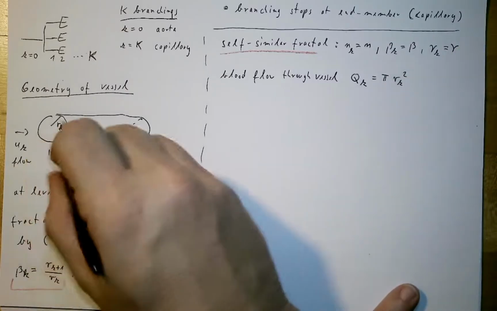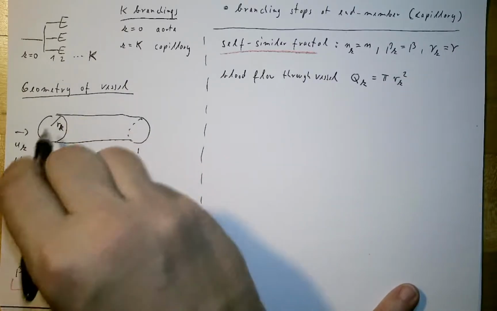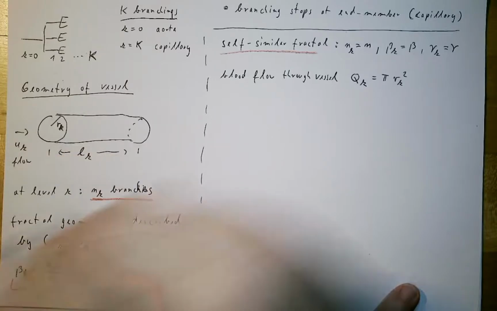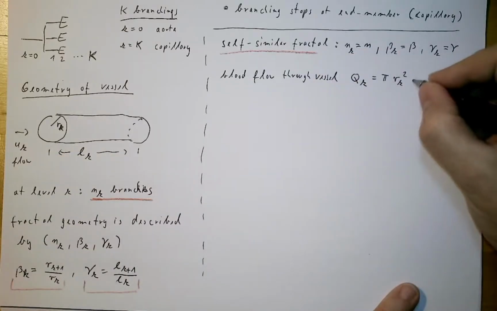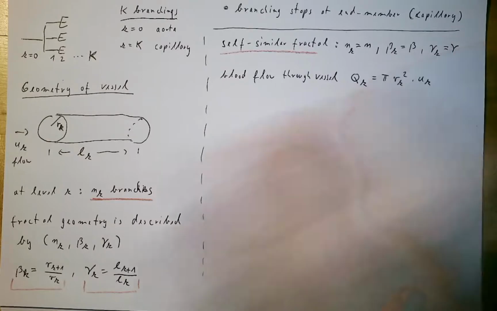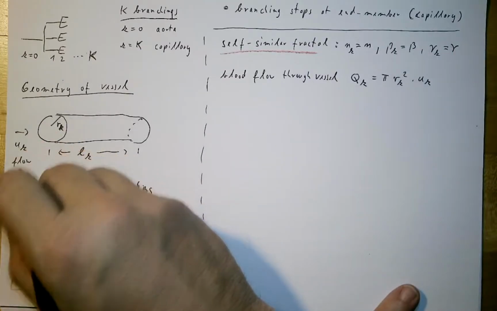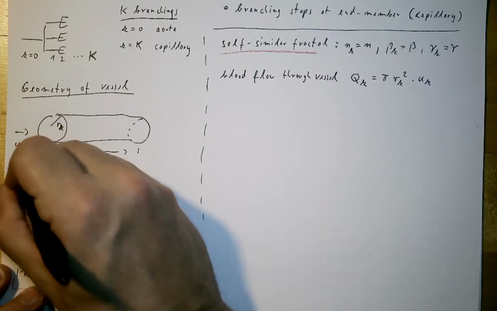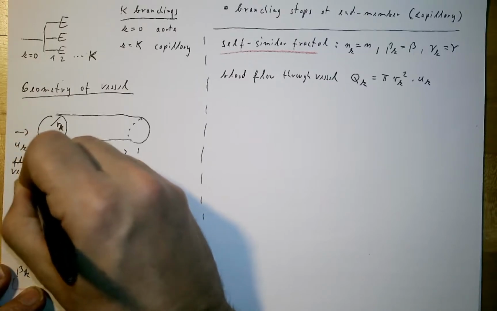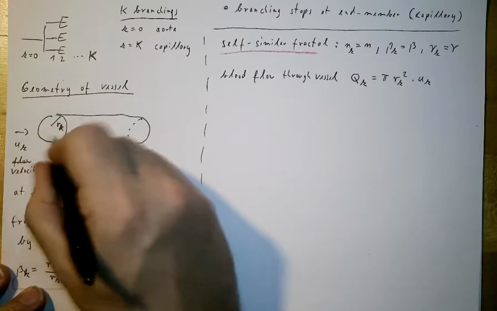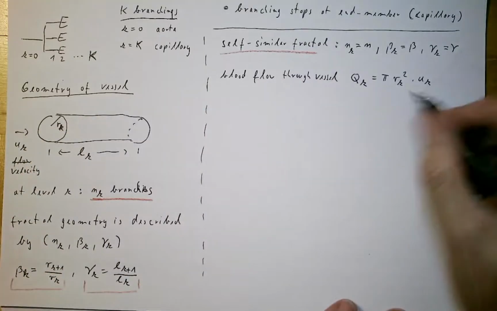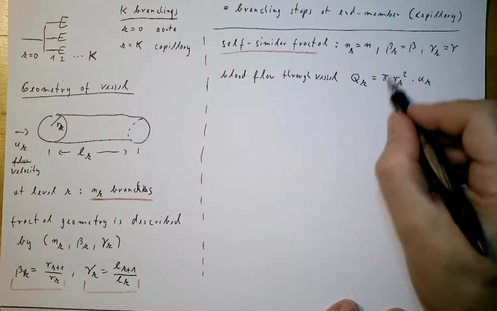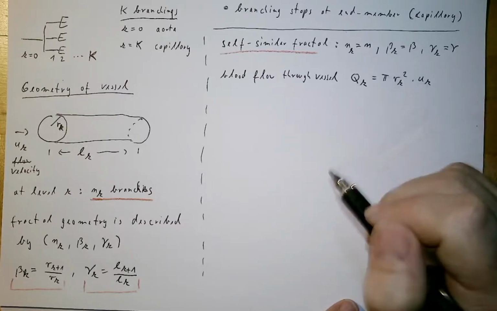That's the area of the vessel, the cross section, multiplied by the velocity, u_k, which would actually be not the flow, it would be the velocity of the blood going through the vessel. And then the flow is proportional to the area times the velocity.